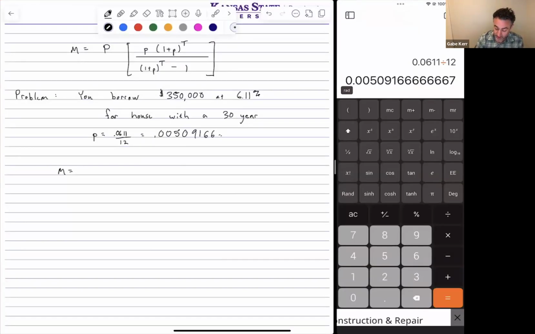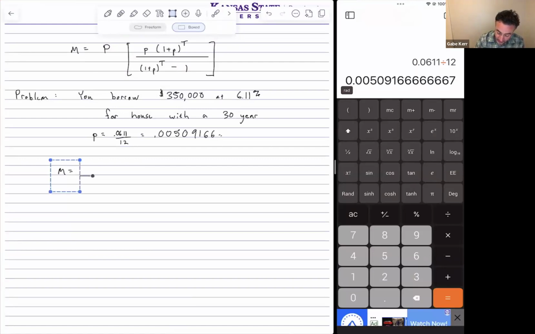Now, when you're dealing with mortgages, 30-year mortgages, it's a good idea to almost leave this lowercase i, this periodic rate, in this form, 0.0611 divided by 12, because over the longer term, these kinds of rounding errors can really creep in.